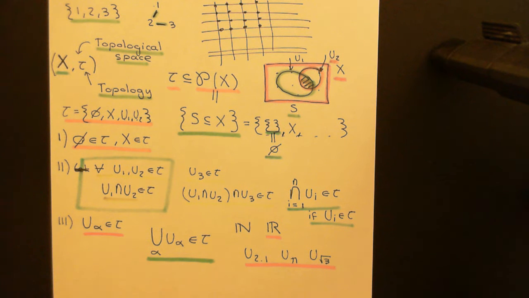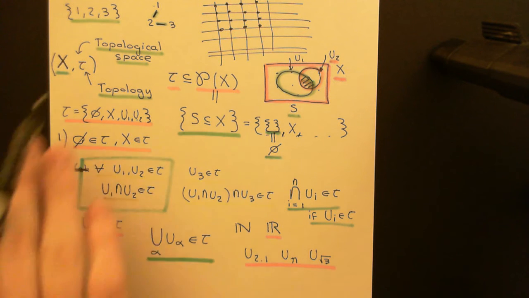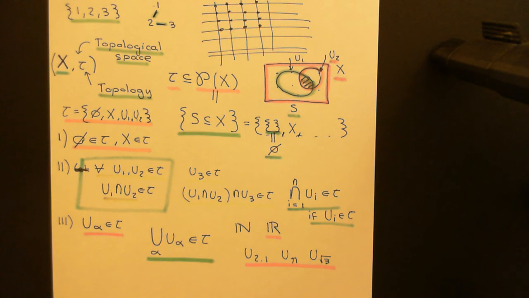There are loads of different topologies that you can build. Okay, all you have to do then is get a subset of the power set of X that obeys these axioms, and then it is called a topology, and then the set with that topology alongside it is called a topological space.